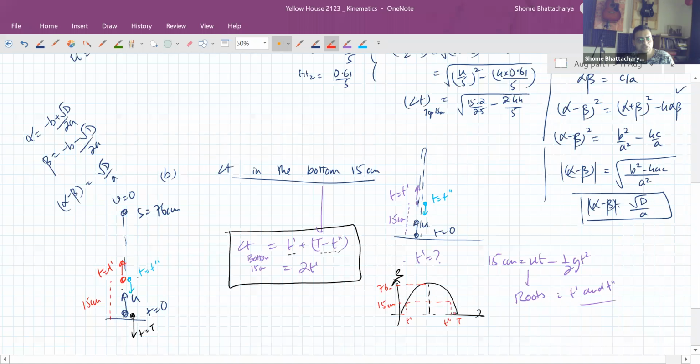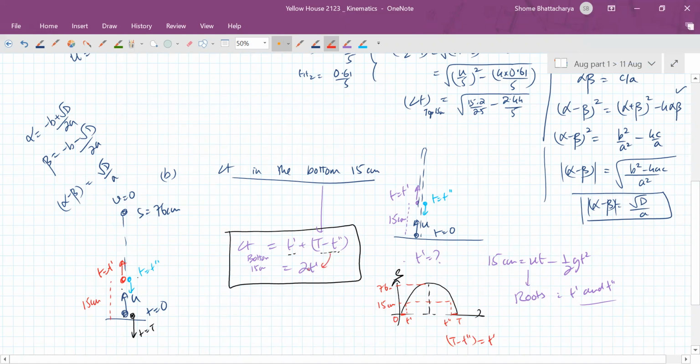The sum of this interval plus this interval we have to calculate. Now this interval, capital T minus t double prime, is symmetric to the interval 0 to t prime. So that's why this will just become double of this. Clear? That's a trick you can use.